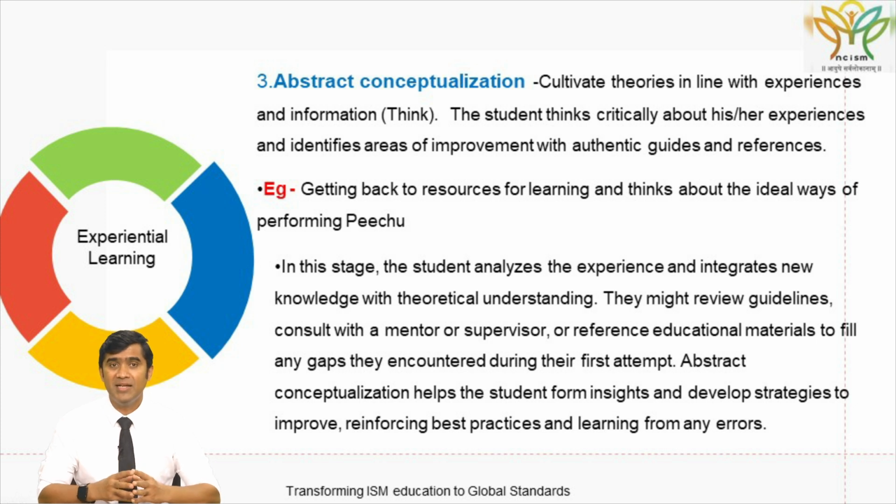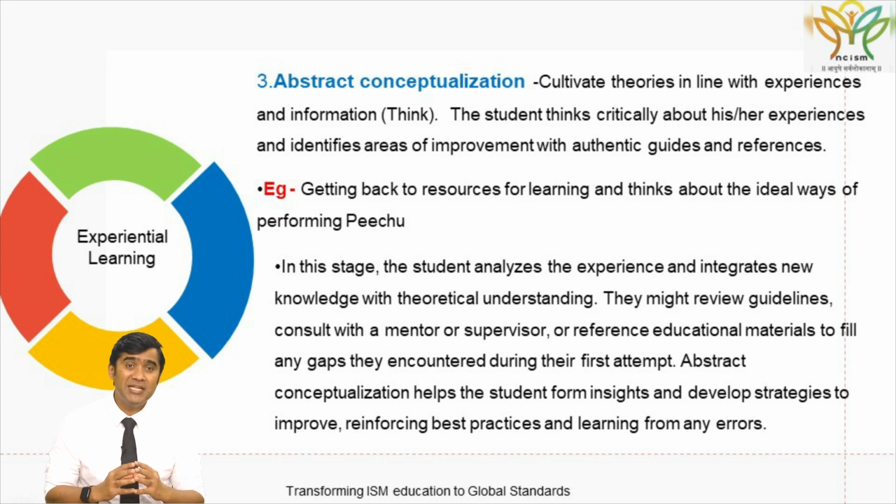We all understand that the student has learnt this particular procedure either by visualizing or by reading textual material. So here he goes back and checks whether what he performed aligns with whatever he has learnt. The students might review guidelines, consult with a mentor or a supervisor, or refer to educational material to fill any gaps they encounter during their first attempt.